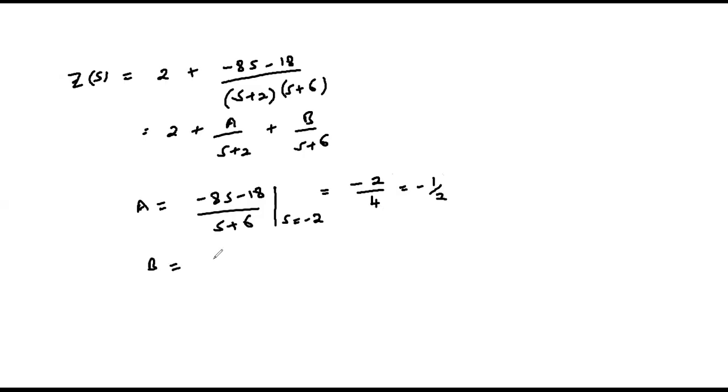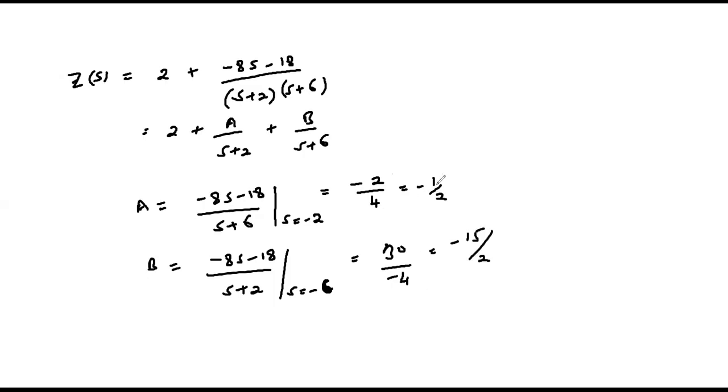B is (-8s - 18) divided by (s + 2) when s is -6, which gives 30 divided by -4, which is -15/2. Both A and B, the residuals of the poles at -2 and -6, are negative. Therefore, property number 3, which requires the residuals of the poles to be real and negative, is met.